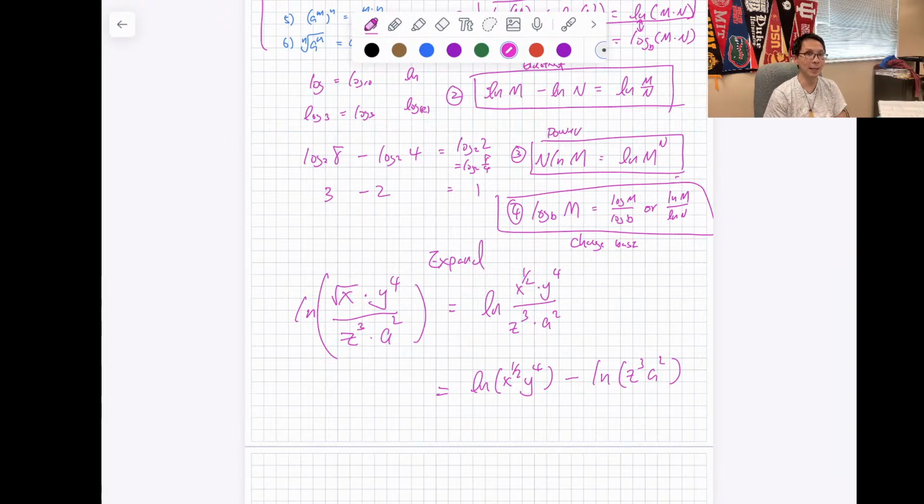Now, do you realize that x to the 1/2 and y to the 4th, are they multiplying or are they dividing? They're multiplying, right? So can that be natural log of x to the 1/2 plus natural log of y to the 4th?